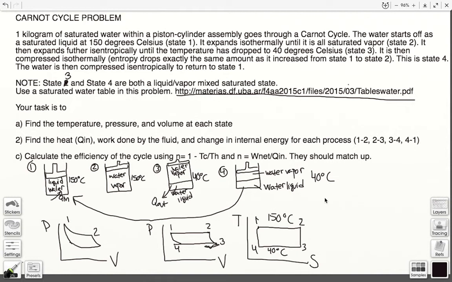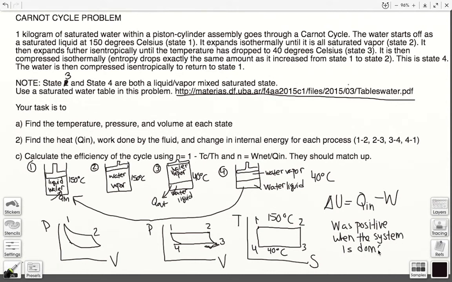And remember your thermodynamic laws. Change in internal energy is equal to Qin minus work. And here we've defined work as positive when the system is doing work.